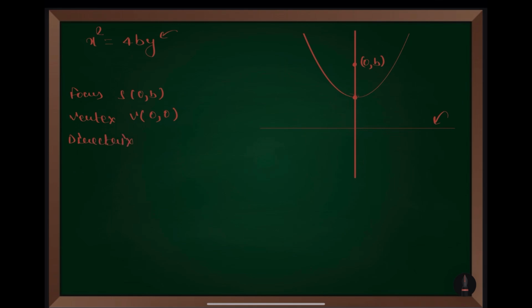You know that b steps above you went, now b steps you will go below, so that point will become 0 comma minus b. So it is y equals to something. So can I write y equals to minus b?